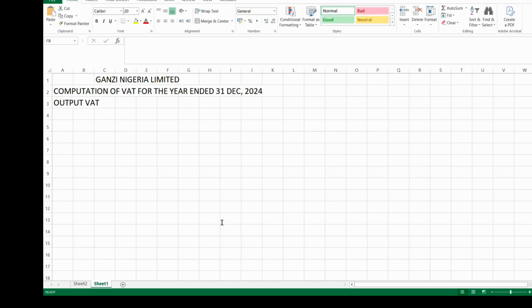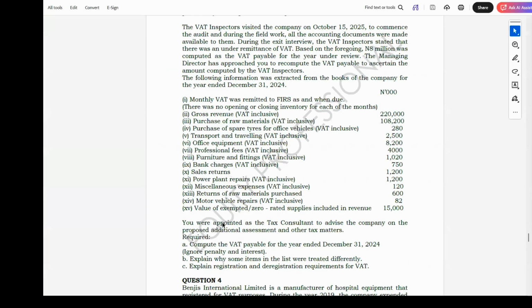To compute our output VAT, we are given all the information above. We have a gross revenue, VAT inclusive. That revenue will give rise to which VAT? Output VAT.